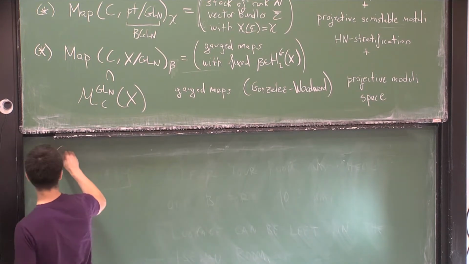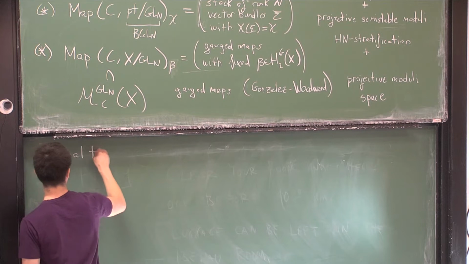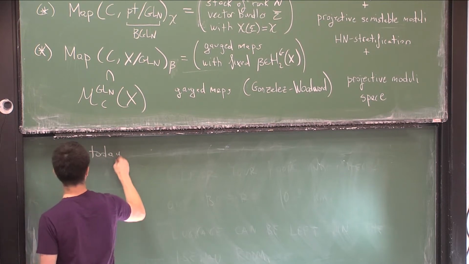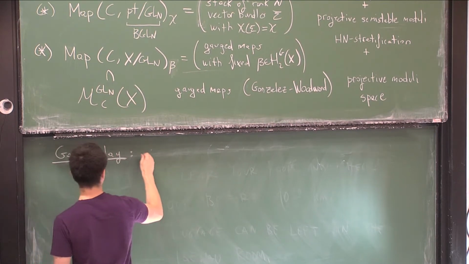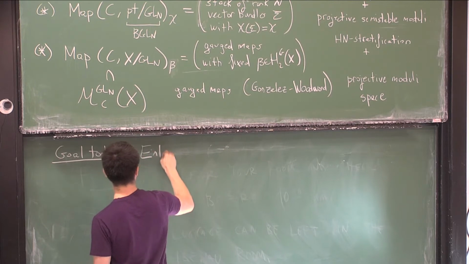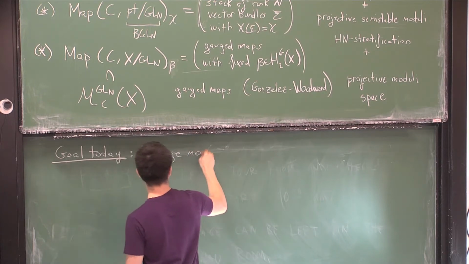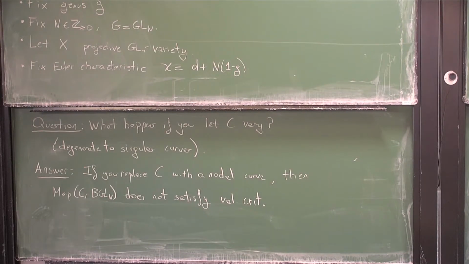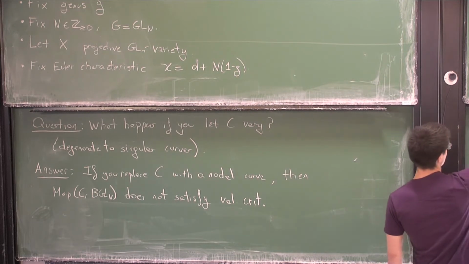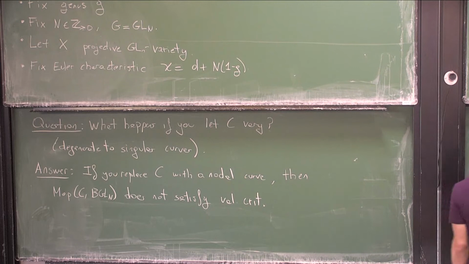So we're going to enlarge the moduli problems, and I'm going to tell you a natural enlargement over the boundary of the Deligne-Mumford moduli space. So we're going to be defining a couple of stacks.